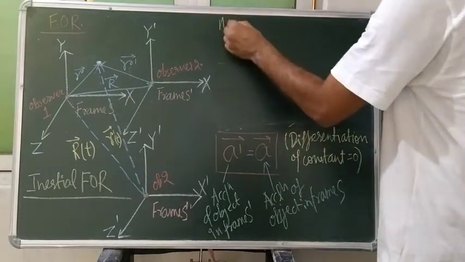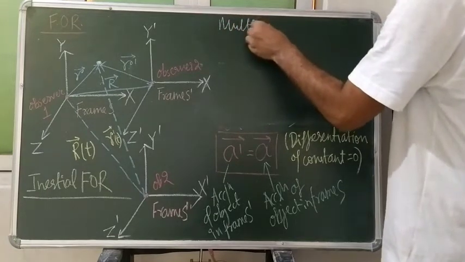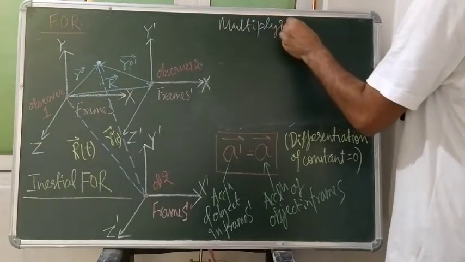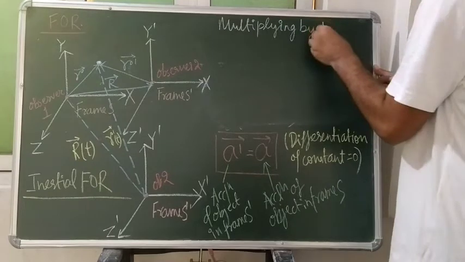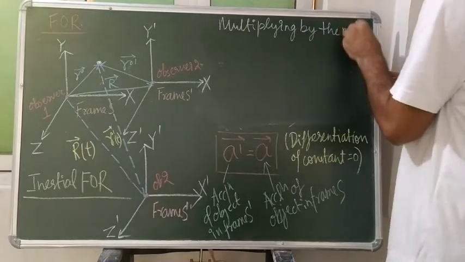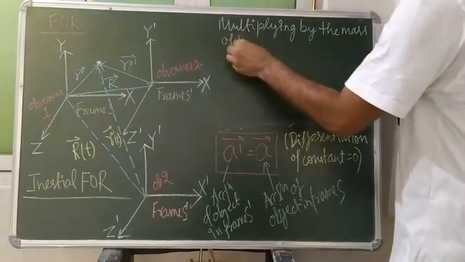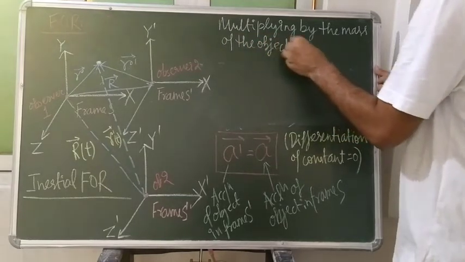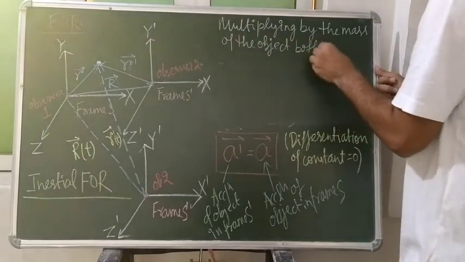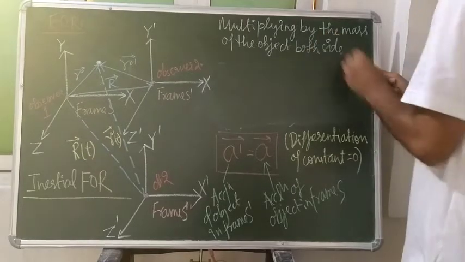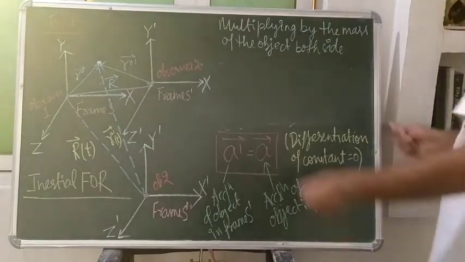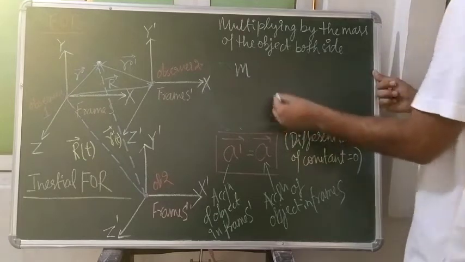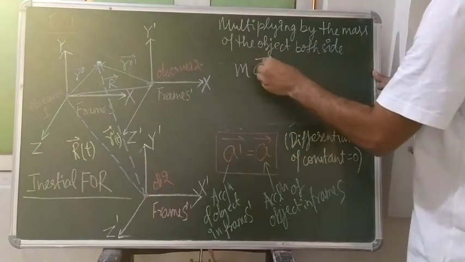Multiplying by the mass of the object both sides. Let small m be the mass of the object that we are multiplying both sides.